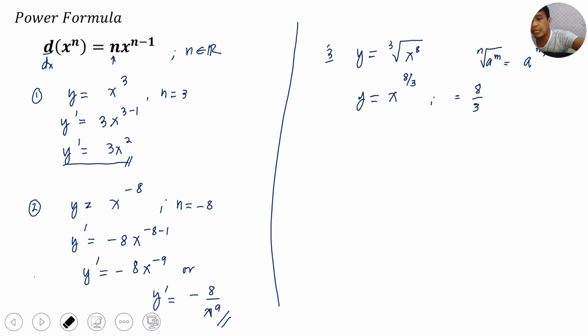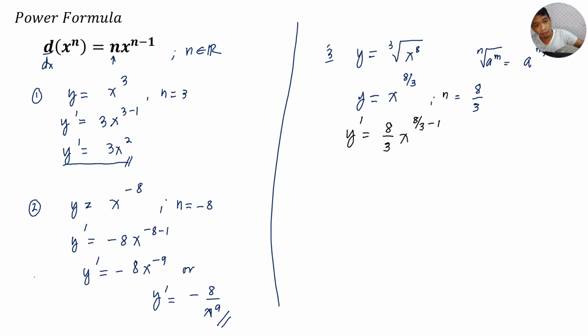So since your n is equal to 8 over 3, pwede na tayong gumamit ng formula ulit, since this 8 over 3 belongs to the set of all real numbers. So y prime is equal to, that's your n, so your n is 8/3, so that must be put sa front. x raised to your exponent 8/3 minus 1.